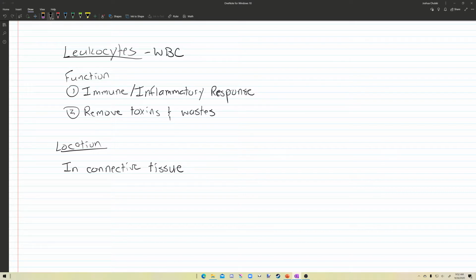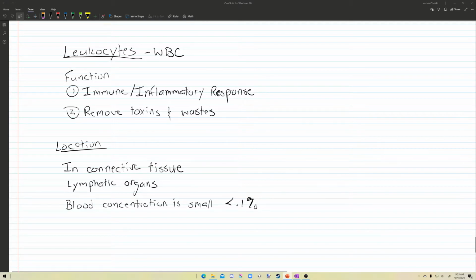You will also find them in the lymphatic organs, like the tonsils, the spleen, the lymph nodes, things like that. Blood concentration is really small. Remember the other one, it is actually less than 0.1% of blood. So it's very, very little.